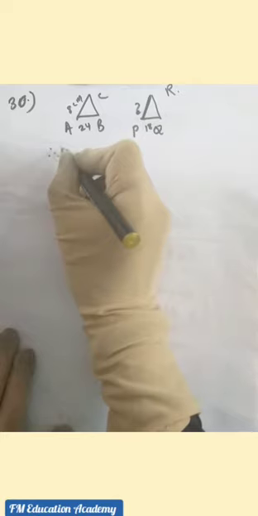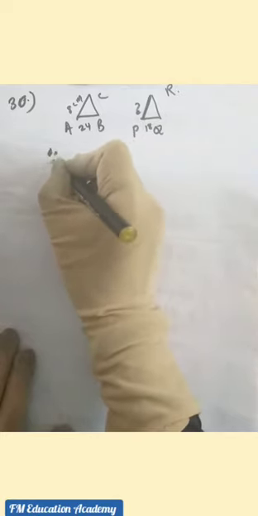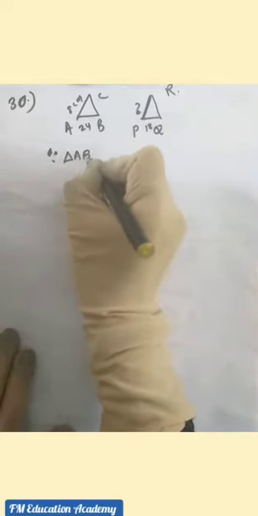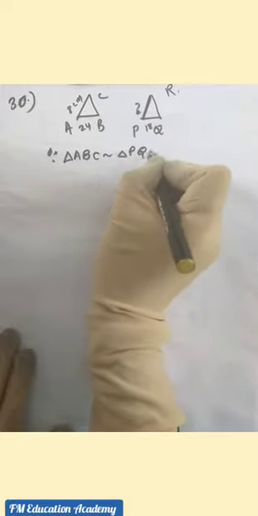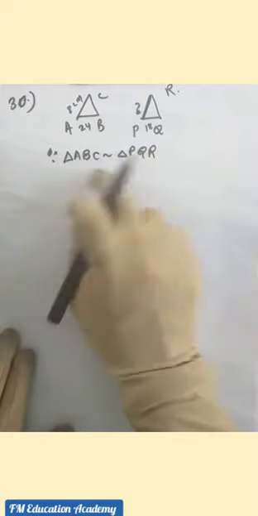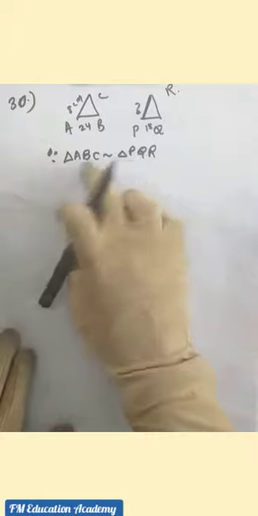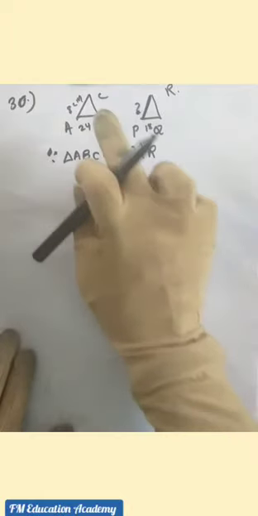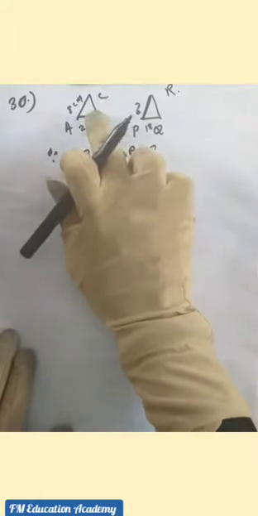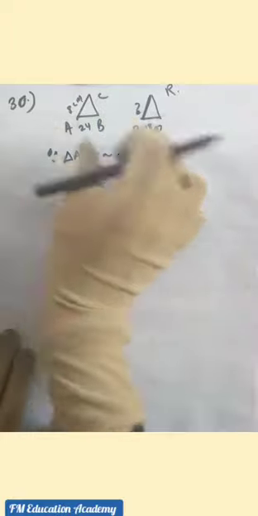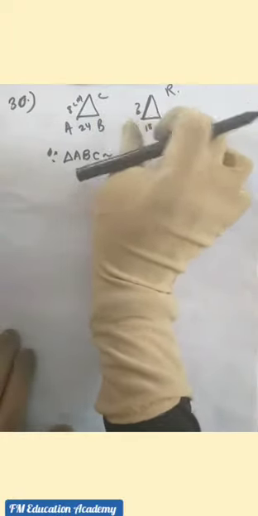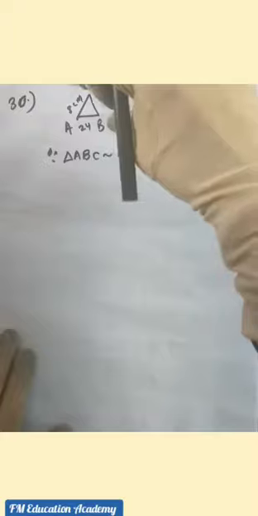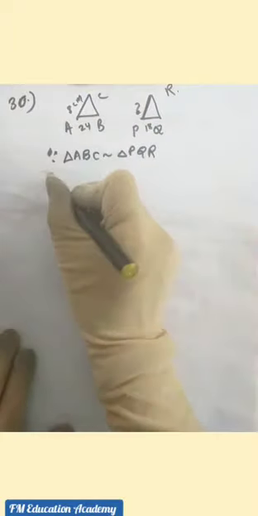So since triangle ABC is similar to triangle PQR, we know the similarity condition. Whenever triangles are similar, the sides are divided in the same ratio. That is AB by PQ is equal to AC by PR is equal to BC by QR. That is a similarity condition.